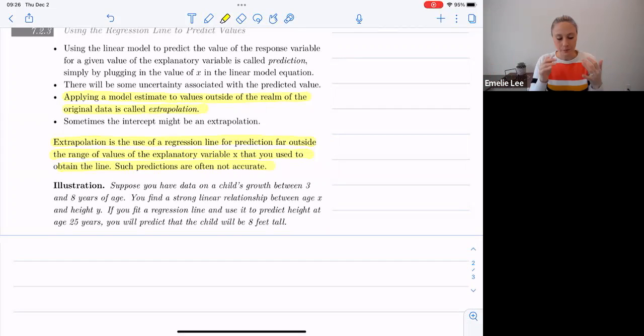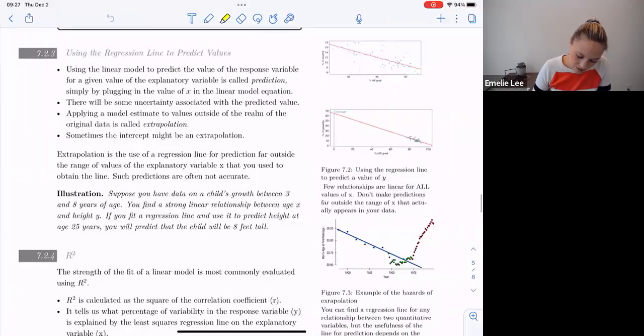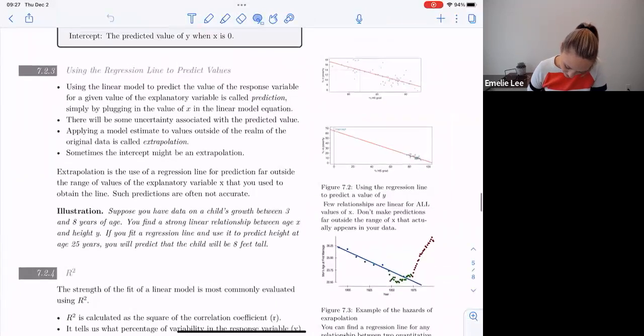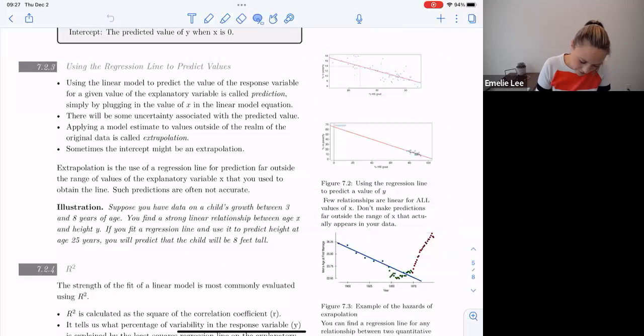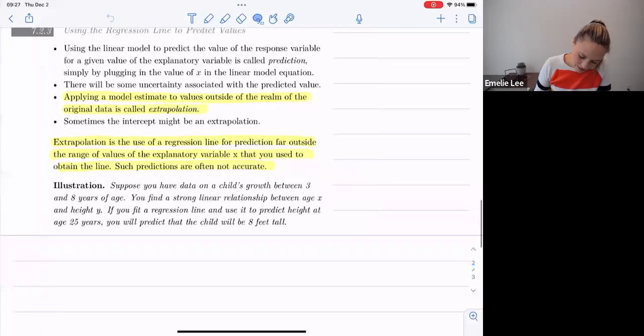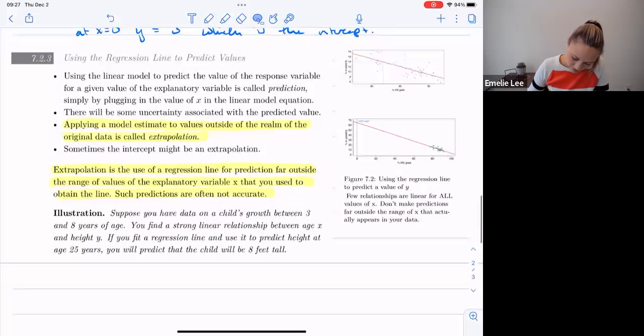You can use a line to predict for any value of x, but what we need to do is say, okay, whoa, I didn't actually use these values of x for my predictions. So what happens then? It's still going to be our best guess. Okay. But that doesn't mean that it's a good guess.